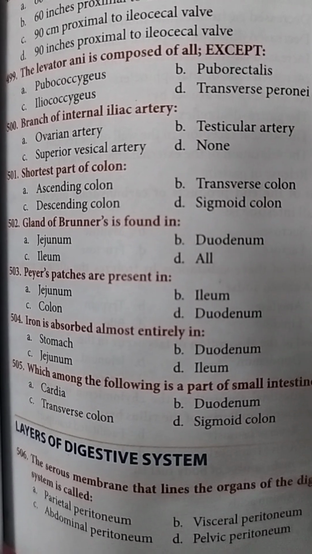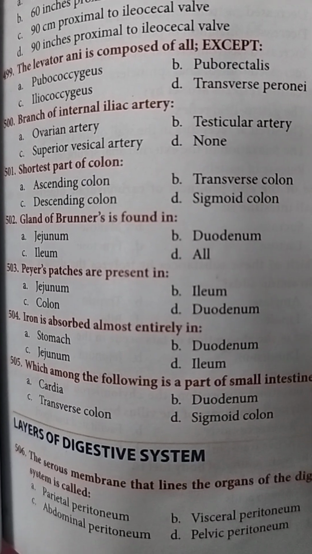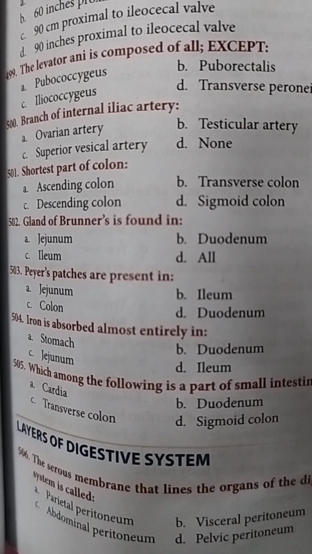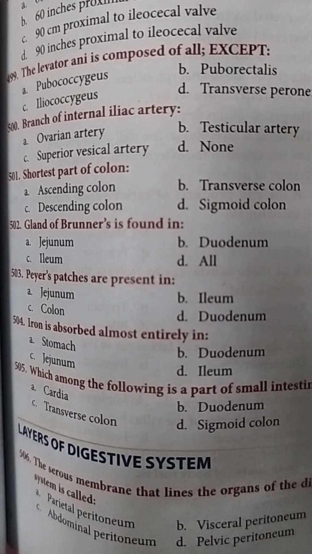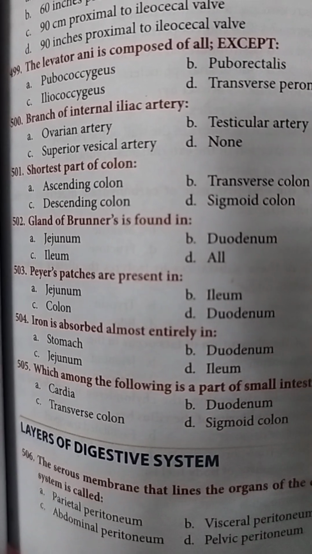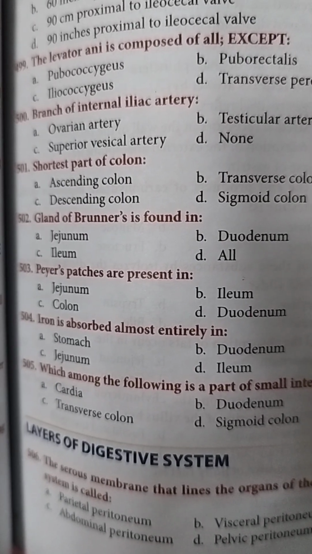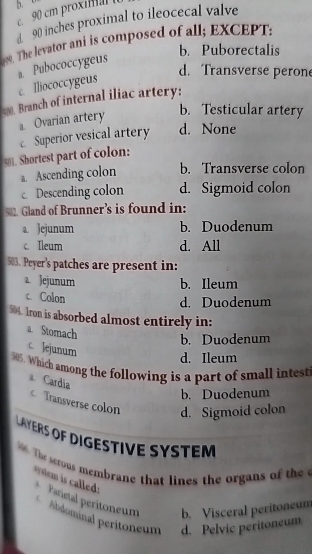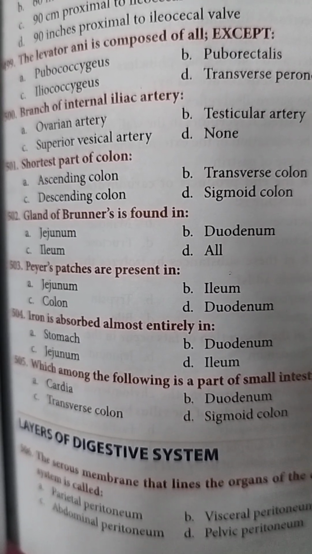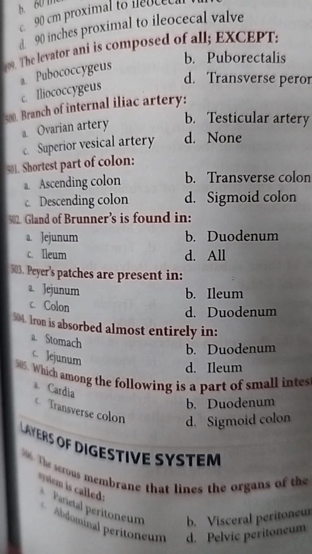Glands of Brunner are found in duodenum. Peyer's patches are present in ileum.